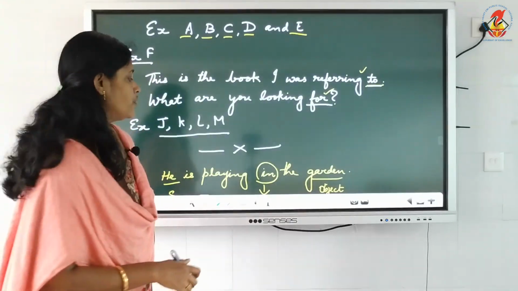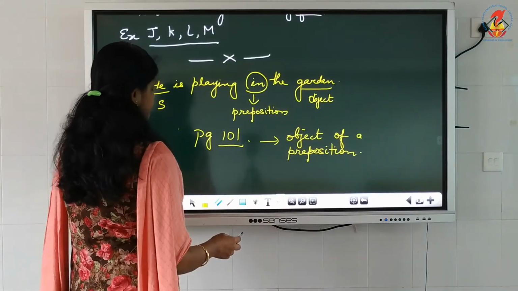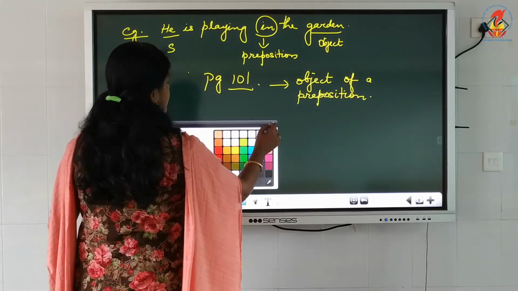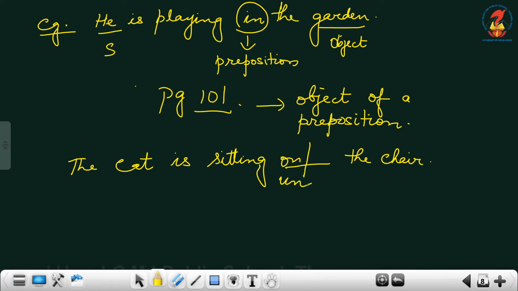For example, if I say the cat is sitting dash the chair, what all words can come, children? You can write he's sitting on the chair, he's sitting under the chair, he's sitting near the chair, he's sitting behind the chair. So many words can come.